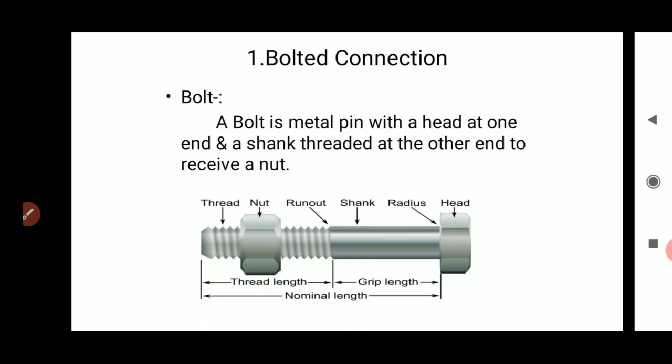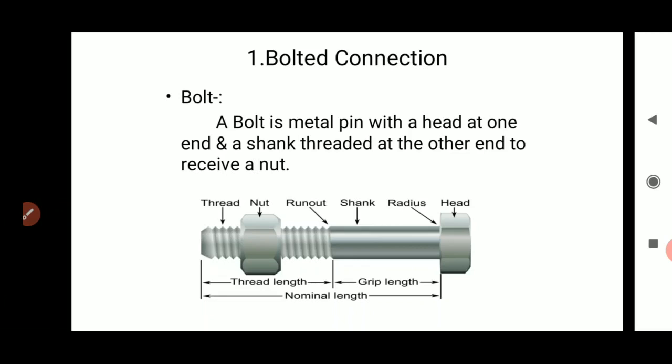Mainly the bolts are used for joining together pieces of metal having holes through which these are inserted, and the nuts are tightened at the threaded ends. First we make the holes in the members, then we insert the bolts, and the nuts are tightened at the threaded ends.